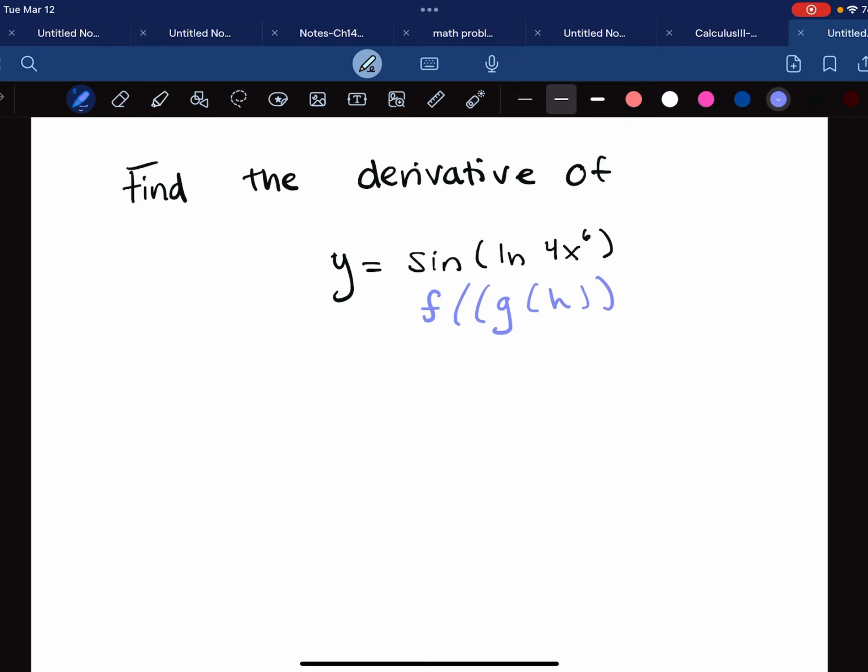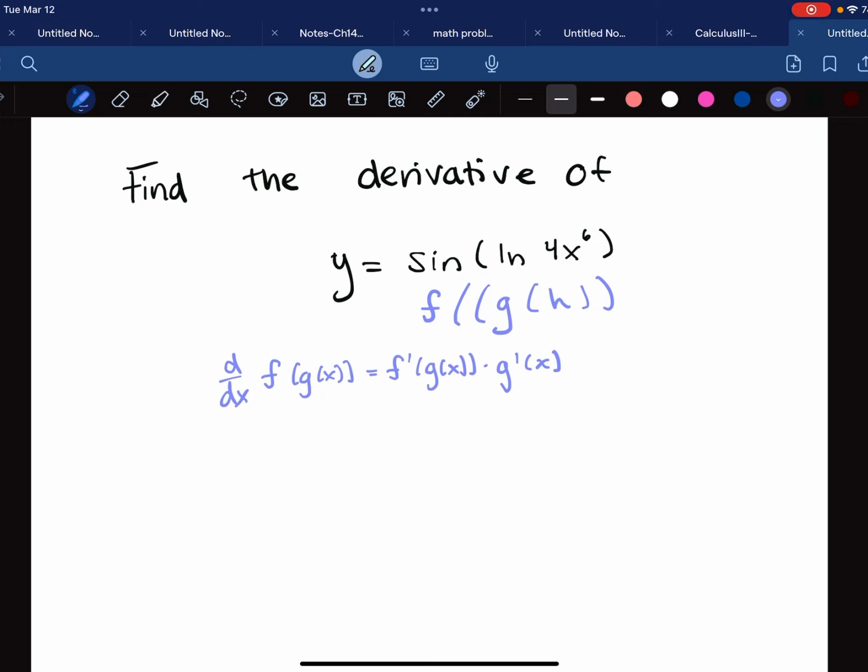So if we're looking at a normal chain rule problem with two functions, you have f, the derivative of f of g of x is equal to the derivative of f of g of x times the derivative of g of x.